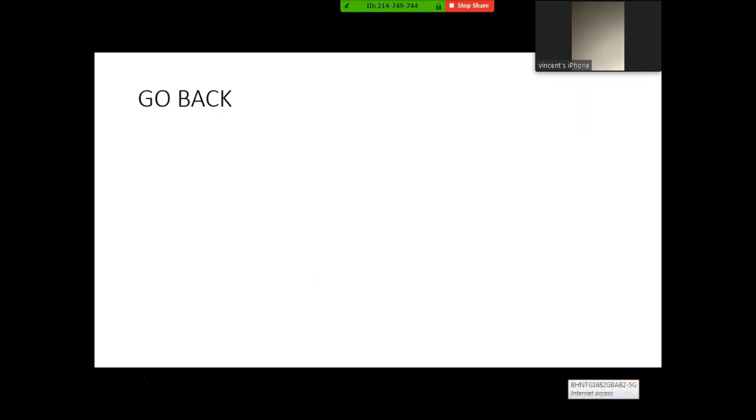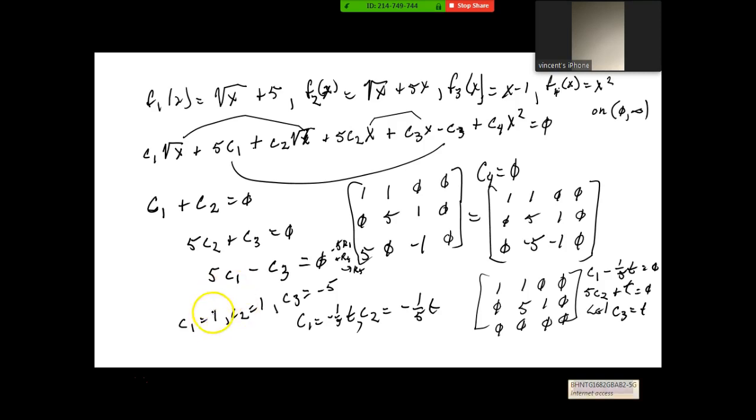Wait. Okay. I really should have been writing this as T, T, and minus 5T. Yeah. So pick a T, any T. Don't pick 0. All zeros, we know that one's going to work. But let's do 1, 1, and minus 5. Okay? Let's see if that works.